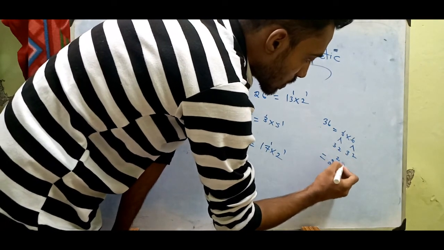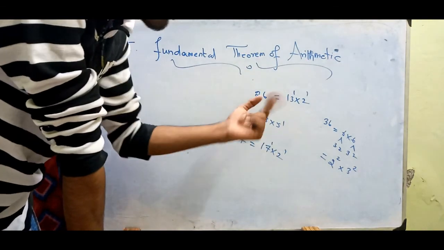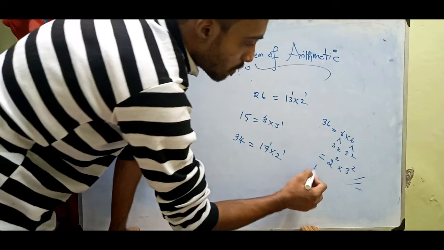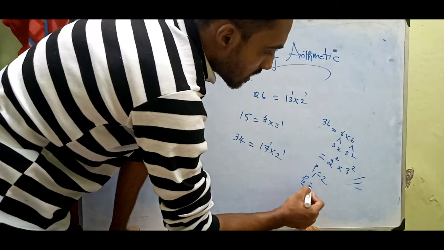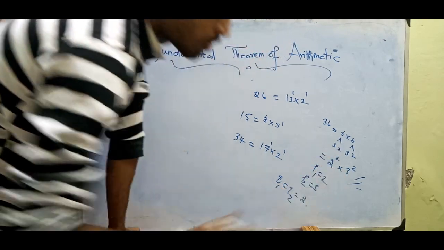These can be written as 2 squared, 3 squared, right? 2 squared is 4, 3 squared is 9, so 4 times 9 is again 36. So we can write it in this way. So here P1 is 2, P2 is 3, and Q1 and Q2 are both the same.